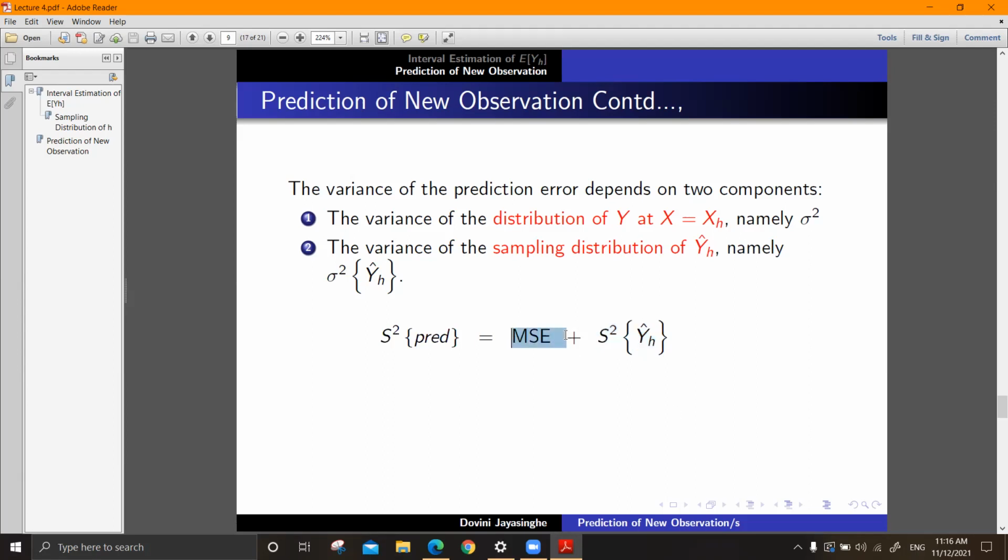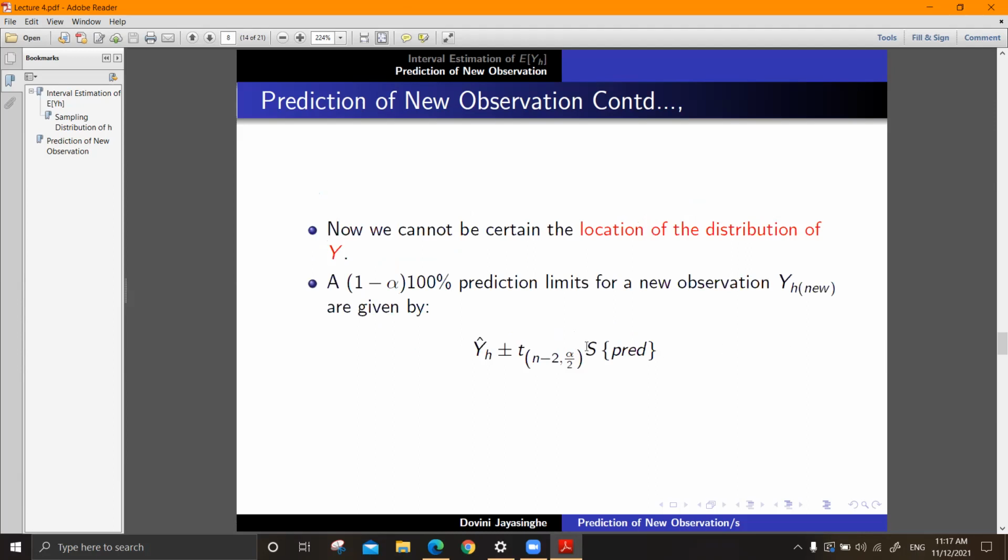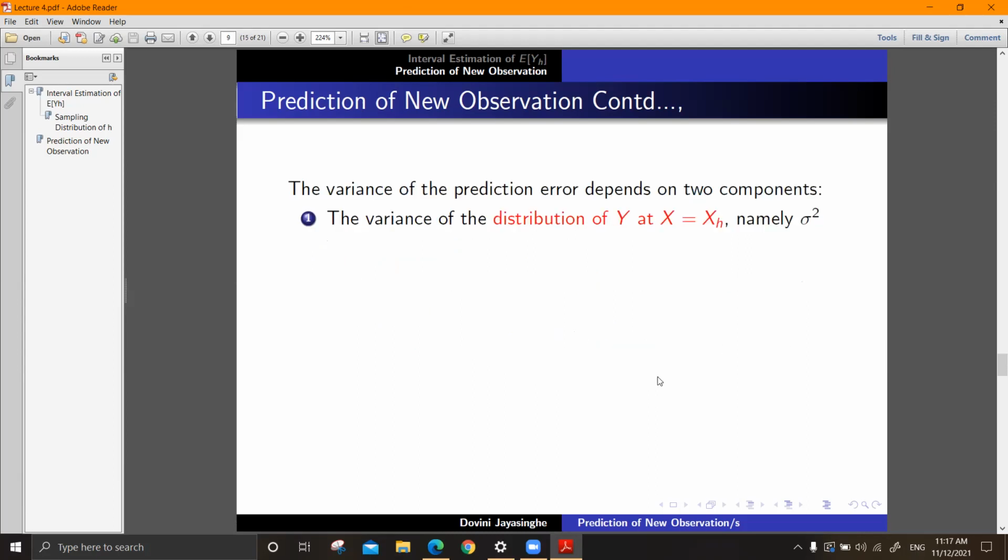You have to add this additional MSE term to the previous one to get this one. And remember, in the confidence interval, you have to take the square root of this. Please remember that all the time. This is S squared of pred. This is S of pred.